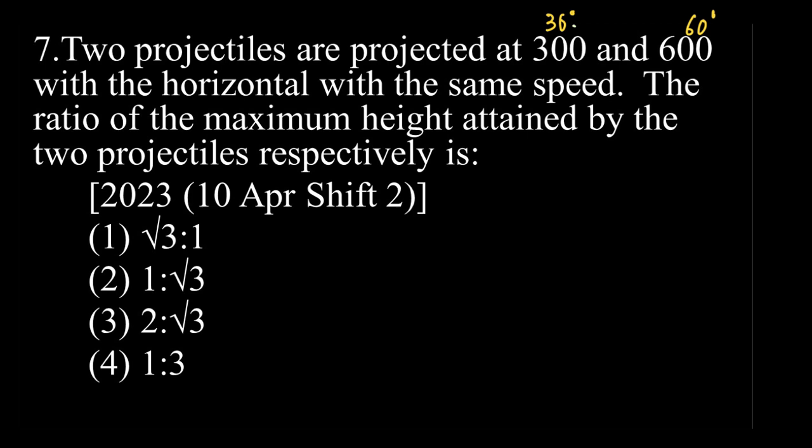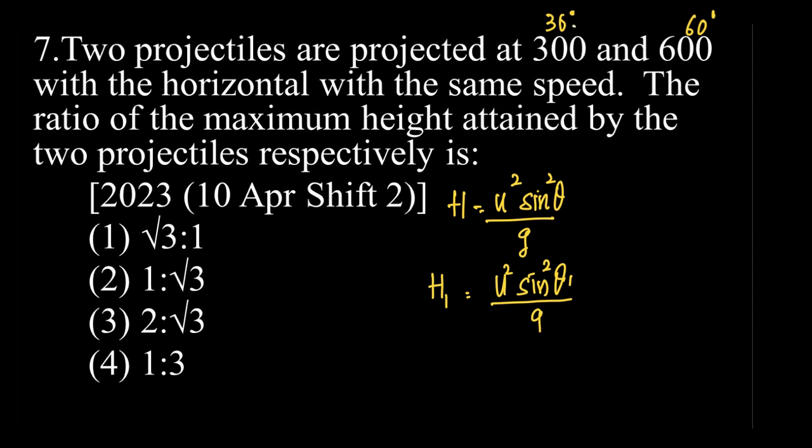okay, straightforward question. So what is h? H is u square sine square theta the whole upon g. So we got h1 is equal to, at same speed, so let's stick to u, u square sine square theta 1 by g. h2 is equal to u square sine square theta 2 by g.